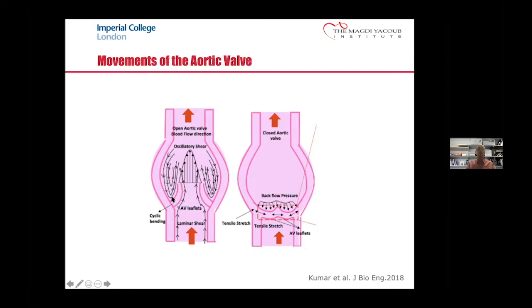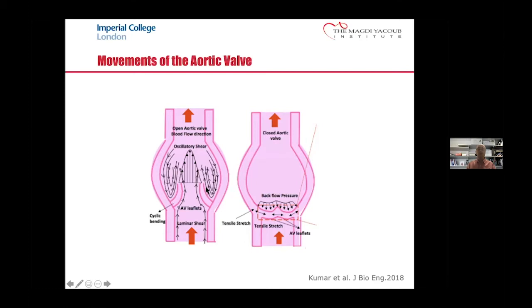And low patterns of flow, or low patterns of shear stress, are indicative in the vasculature of being atherosensitive or atheroprone areas. And indeed, calcification of valves occurs in these areas.